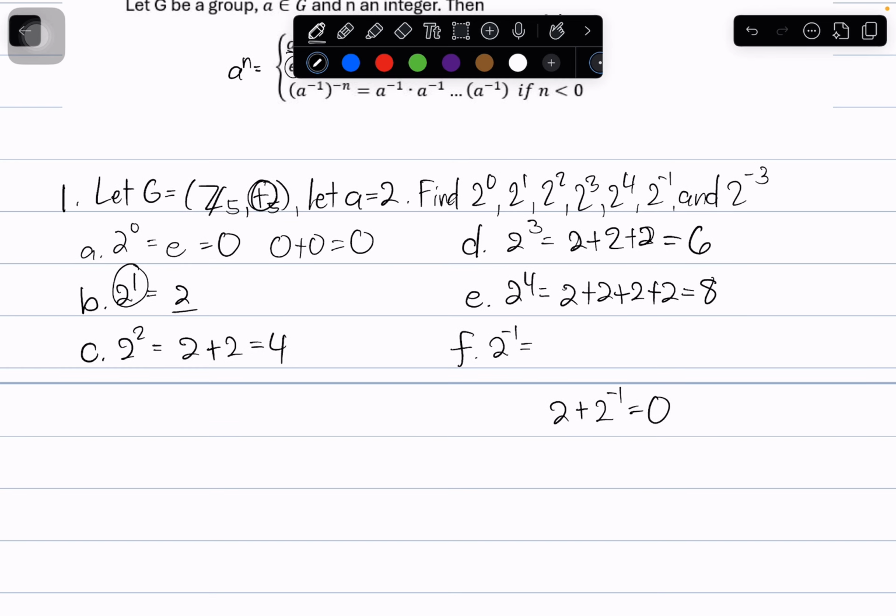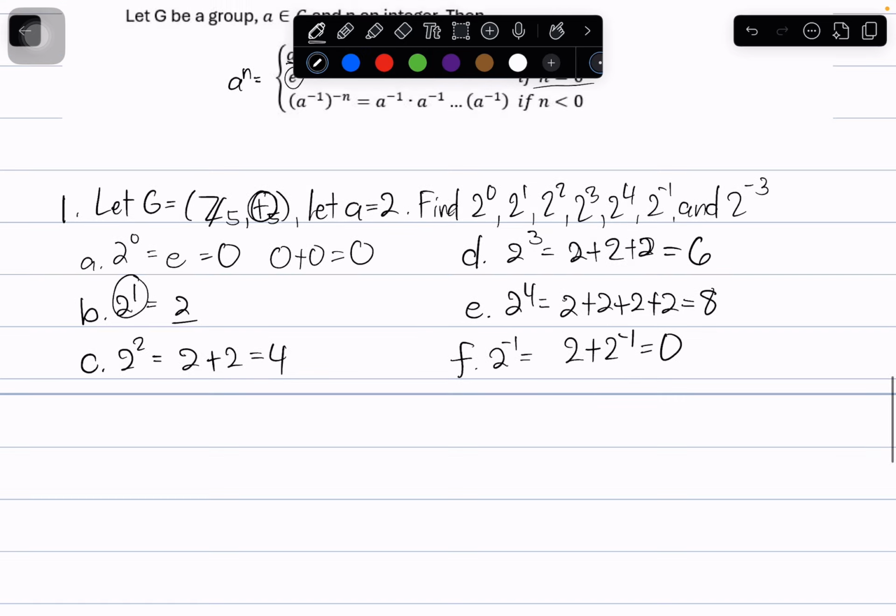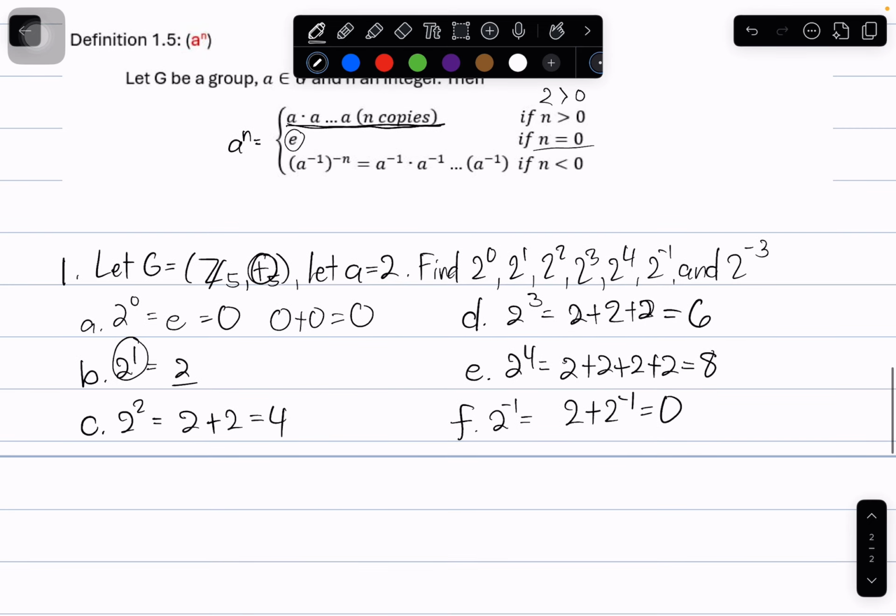So now, what can we try with 2 plus 2 inverse to get 0? We can simply try to use this. So we can substitute 2 inverse with 4, right?